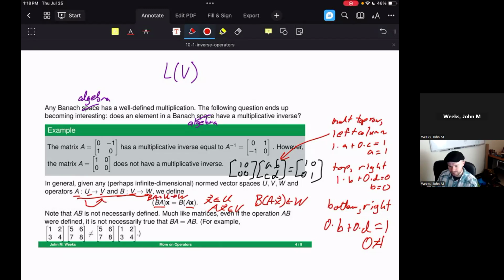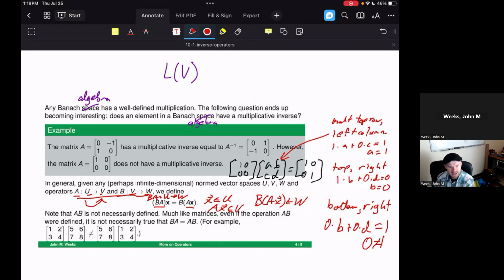Notice that with this sort of definition of BA, there's no need for us to be able to commute. Just like with matrices, the reason that matrices do not have to commute is that sometimes the way that you define the linear operation dictates that when you flip around the two matrices, you may not even get something that is well defined.